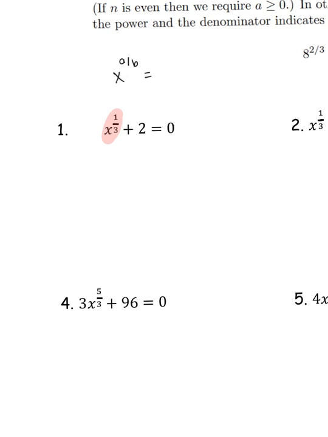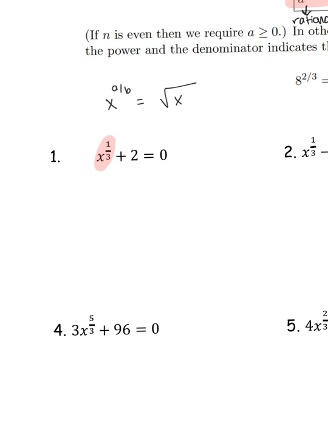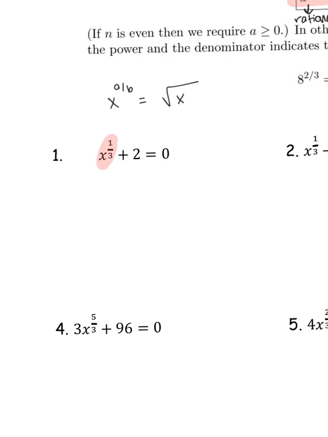I would rewrite this as a is the exponent on the inside, and b is the root on the outside. So x to the 1/3 power becomes x, the exponent that goes on it is 1, and on the outside we're going to have a 3.